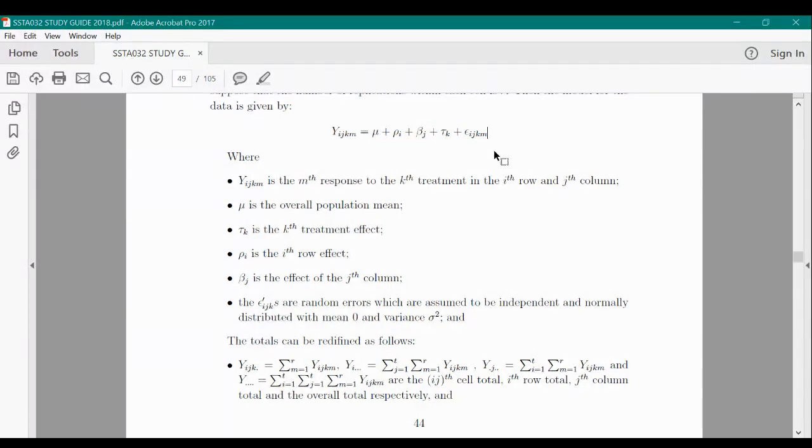One of the leaders indicated that, because now we have replication, M is here to take care of the replication in each and every cell. Based on that example, our M is equal to 2. So let's check the formulas.